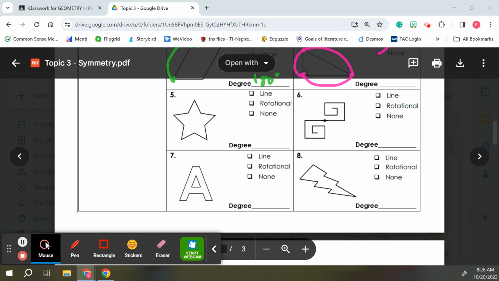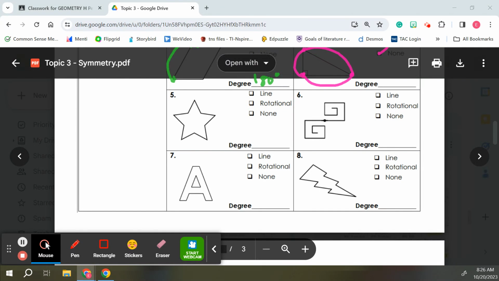Wait, so for number 6, would there actually be the line of symmetry? Would this not be the line of symmetry? I think this is none again. It goes from here, right? And then you rotate 180, and this ends up where this is. So if it's not rotational, then there's just no degree.